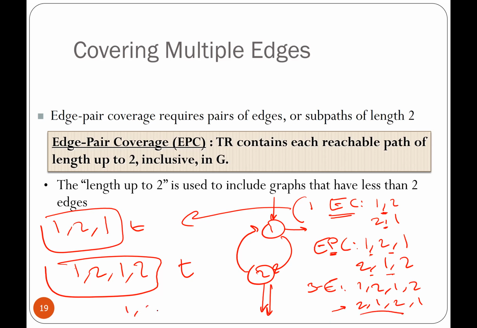Okay, like a 1, 2, followed by 1 and a 2, followed by another 1 and a 2. So for 3 edge, I would have actually required to go through the loop basically 3 times, whereas edge pair twice, whereas edge maybe just the one time. Okay, and as you can see, as we go higher in the number of edges, the more thorough and the stronger the coverage criteria is. Okay.